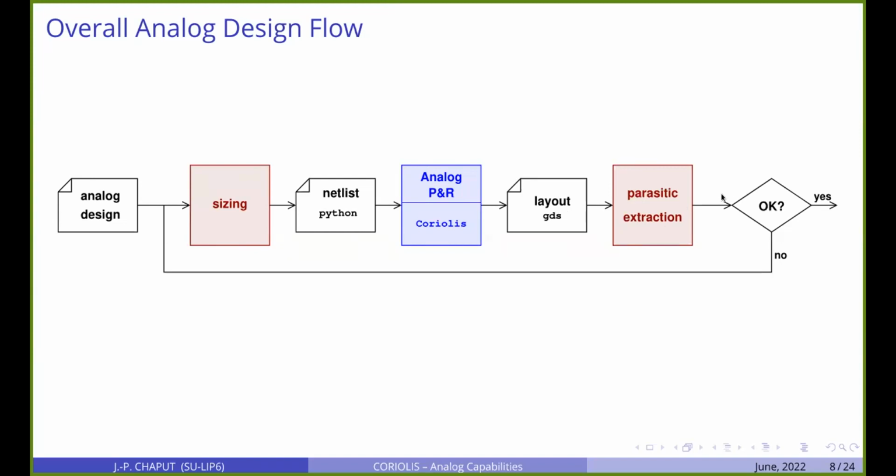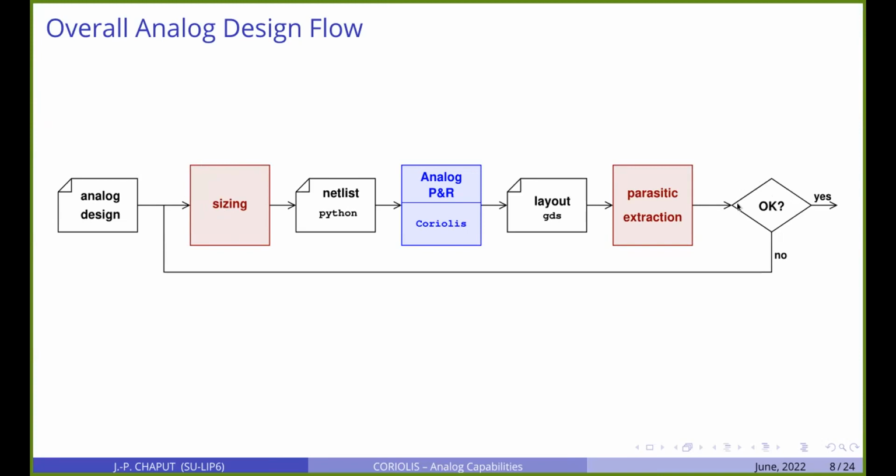Then, with the parasitics, which is the real design, do you match the requirement? Are the features okay? If not, you resize your design knowing the parasitics. That is, you inject the parasitics inside the sizing step.